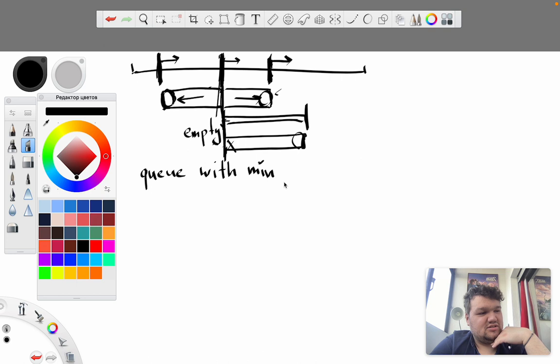And I think that even commutativity is not necessary. Yeah, I think we can do a queue with matrix multiplication or something like that. So yeah, we need associativity, so we can change the order of execution of operations, but we don't need commutativity.